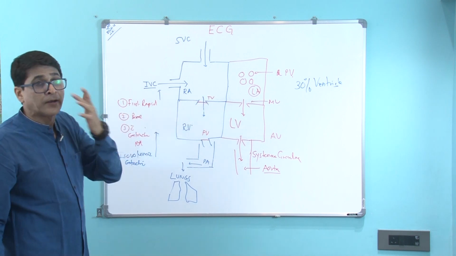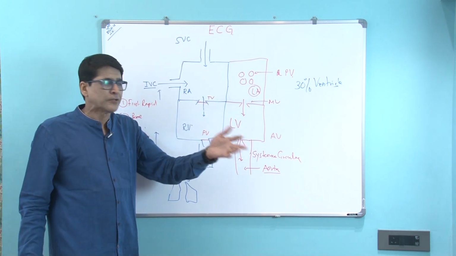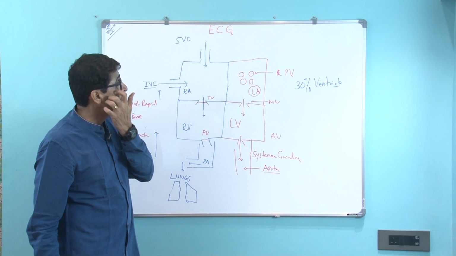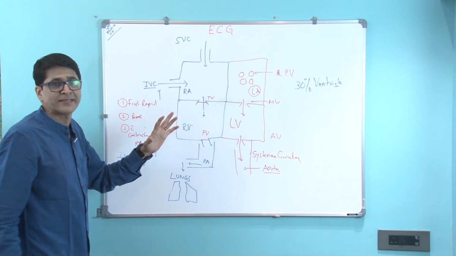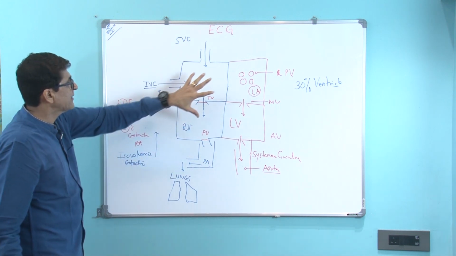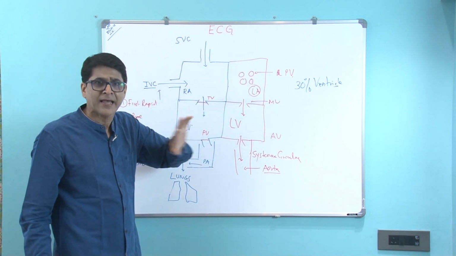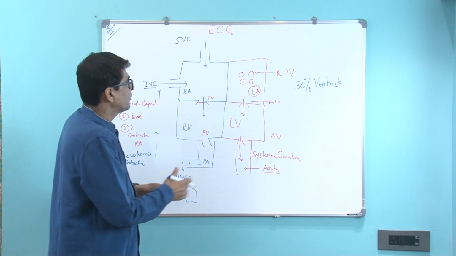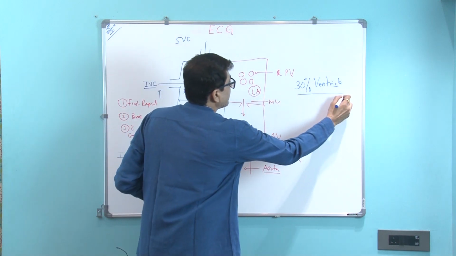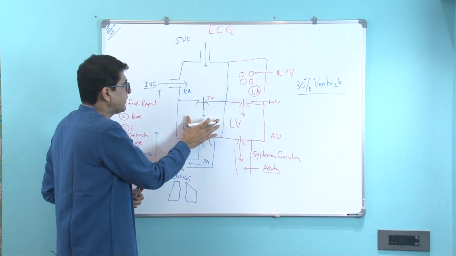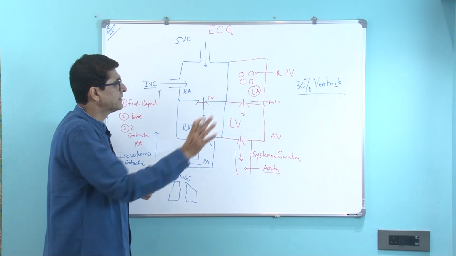Now once we go further, when we see atrial fibrillation, what actually happens? In atrial fibrillation, the atrial kick or atrial systole is absent. That's why whenever there is atrial fibrillation, the person doesn't die.